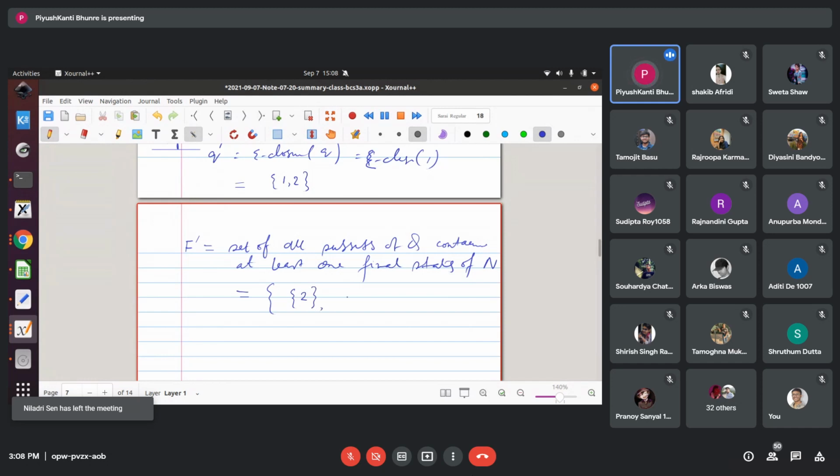So the set {2} will be there, and any set that contains 2 will be there. These four sets are the final states.